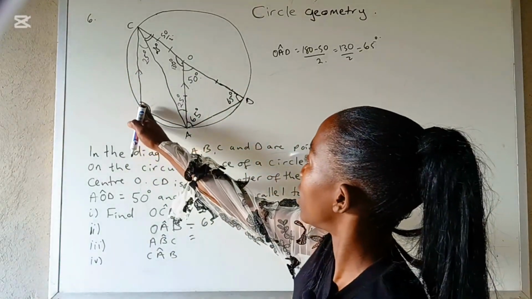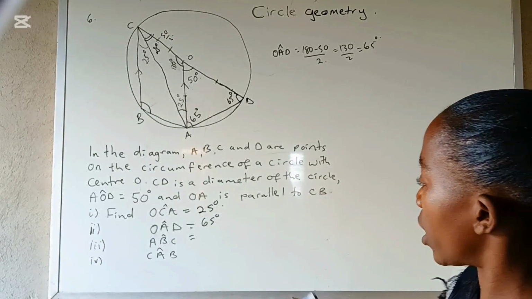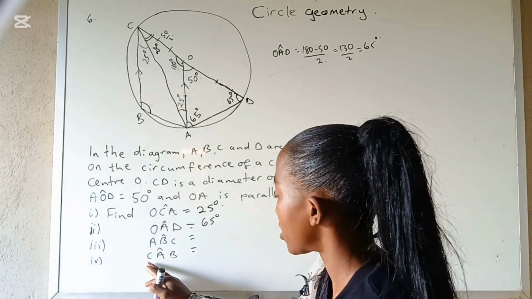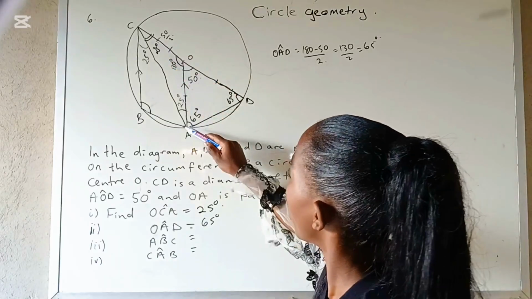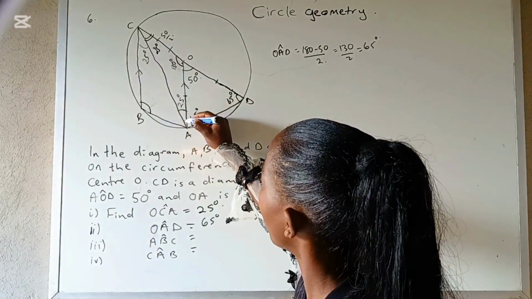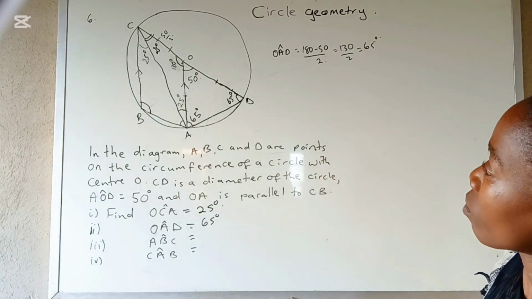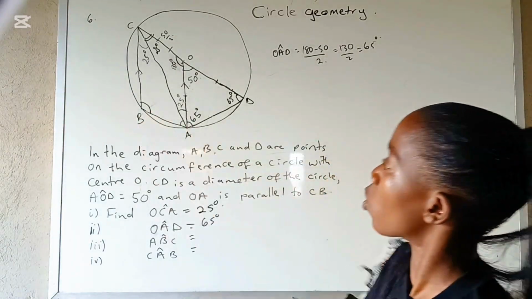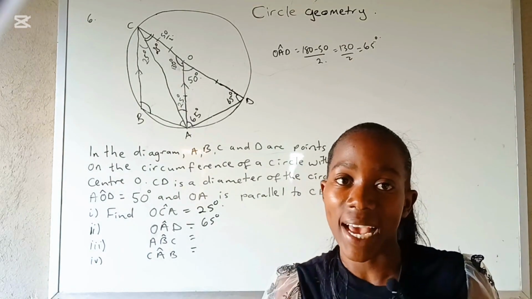We want to find this angle. Let me see if I have CAB. Not yet, right? So to find this angle, you see, we have what we call a cyclic quad.